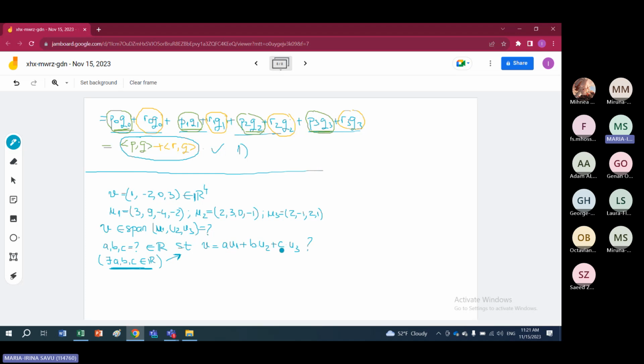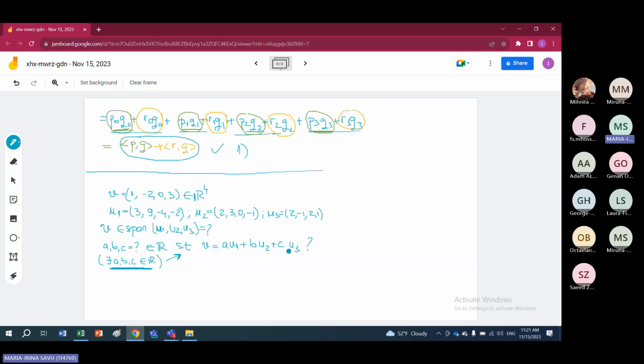If you want to see just if V is in this span, you have to see if the system has a solution. And your question is just this one, or do you want to find A, B, and C? No, my question was if there is a faster way than finding A, B, C.